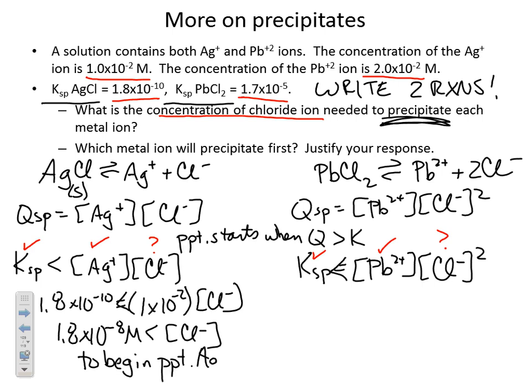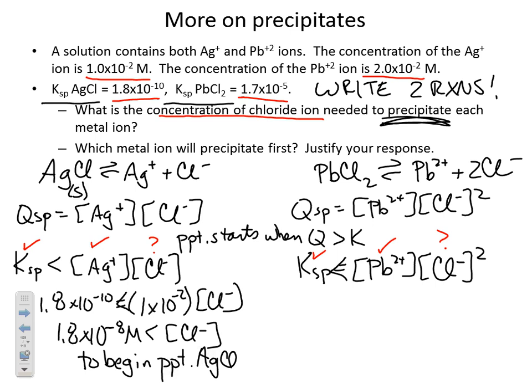That's what that number means. As soon as the chloride concentration becomes larger than 1.8 times 10 to the minus 8th molar, you're going to start precipitating your silver chloride. Because you're starting at 0. Basically, we don't have any chloride to begin with, and as soon as we hit that number, we're going to start precipitating the silver chloride.